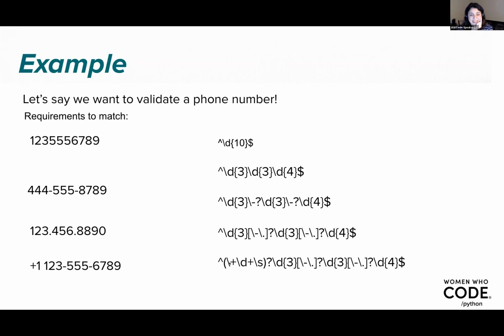And this one is a literal plus. So we're going to require that they put a plus if they're going to give us the country code. So a literal plus, the country code, one or more digits, and then a space. And that is all going to be optional at the front. So we expanded it. And this is a pretty decent size little regex here with the requirements that they asked for. And we should be able to match each of these.